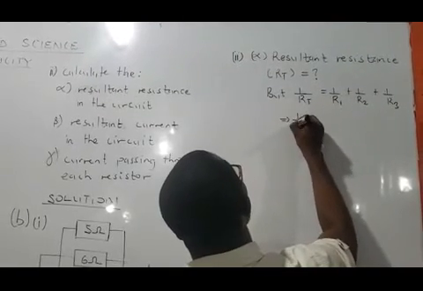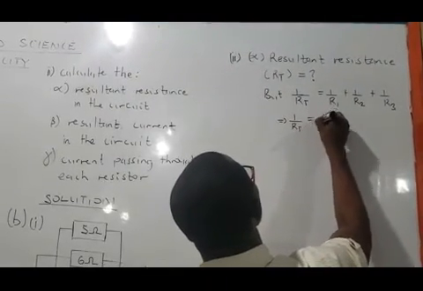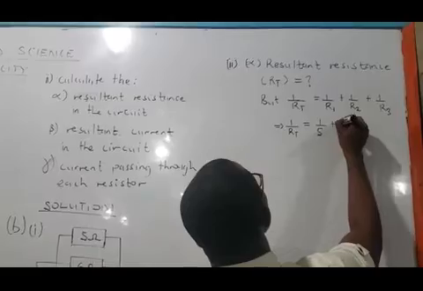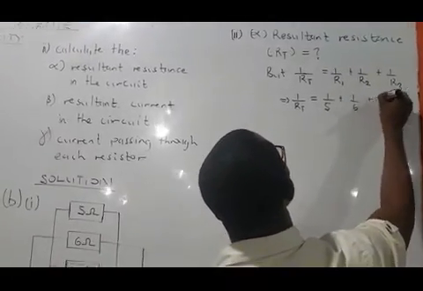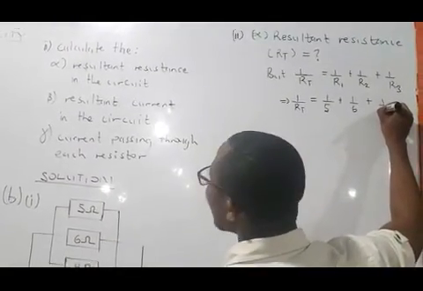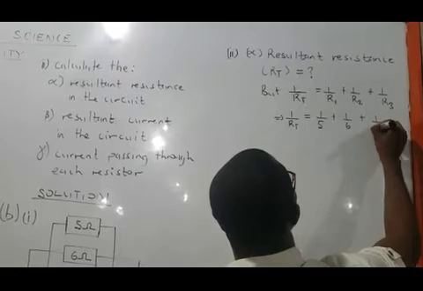So 1 over RT is equal to 1 over 5 plus 1 over 6 plus 1 over 4.